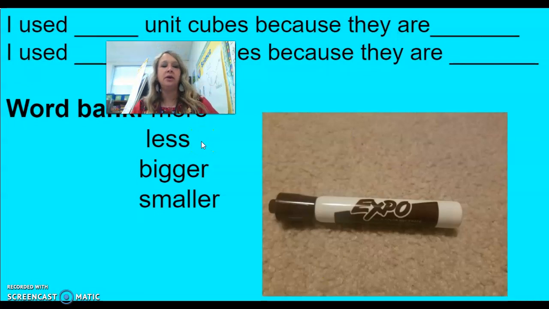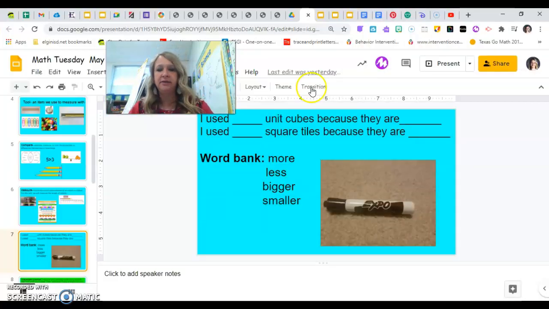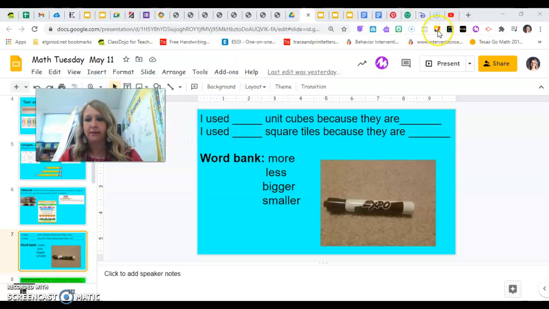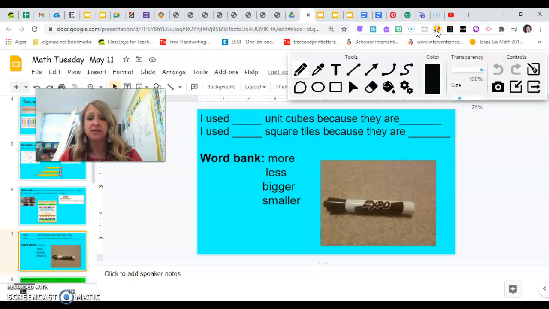All right, so here, just like yesterday, we have 2 sentence stems and a word bank. And we are going to write our answers in the blanks. I used blank unit cubes. How many unit cubes did I use? 13. So I'm going to write 13 in the blank. I used 13 unit cubes.